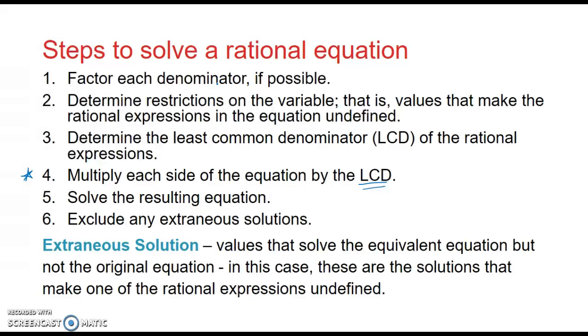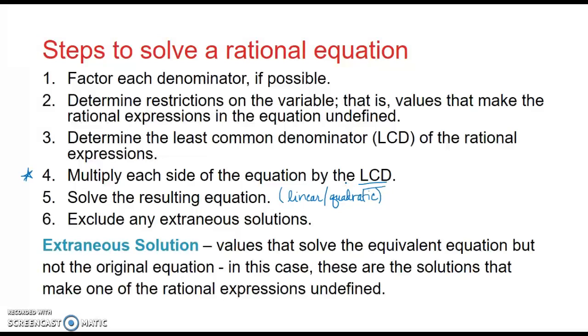That would require us to factor any denominators. We can also, as part of this process, determine the restrictions that make the expression undefined, find out what the least common denominator is, multiply each side of the equation by that LCD, solve the resulting equation, which in this section will either be a linear equation or a quadratic equation.